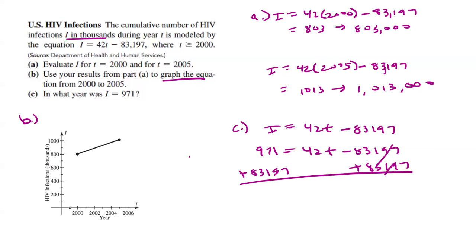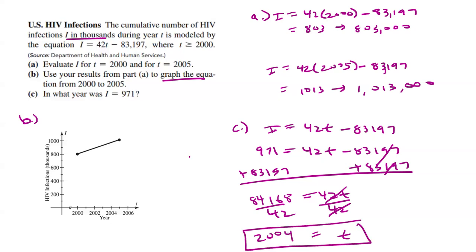This cancels. When we add that, we get 84,168 equals 42T, and then divide both sides by 42. So T gives us 2004. Okay, which is kind of hard to pinpoint on a graph unless you plug it in directly.